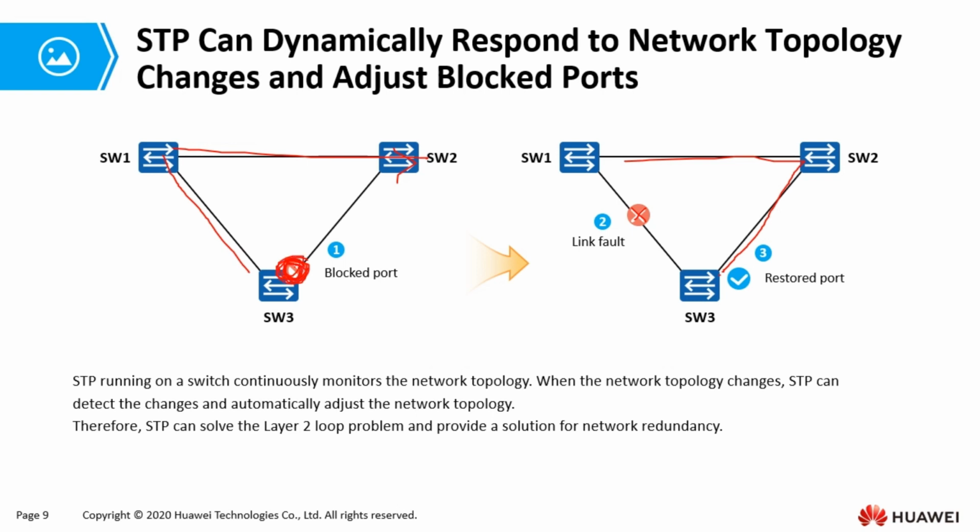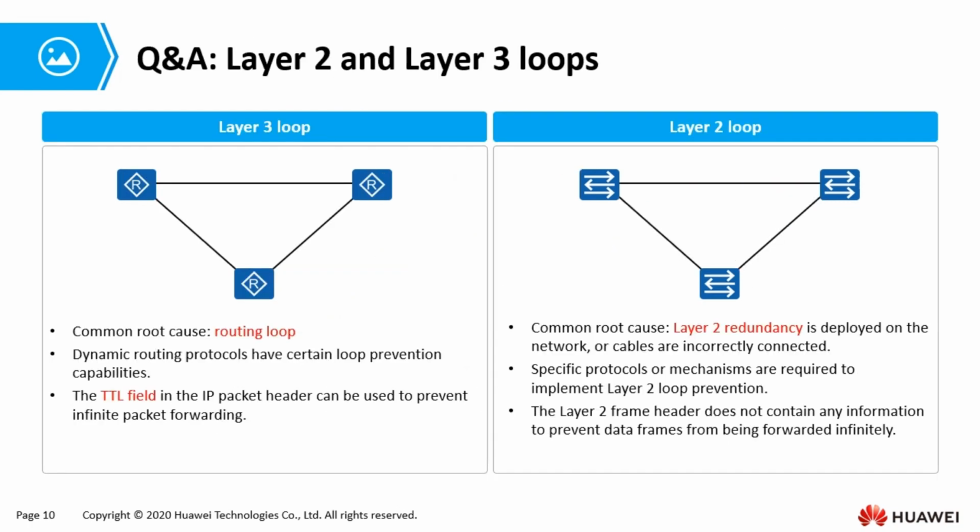But what happens if this link is down? The blocked port will take action and enter the forwarding state so that your data will forward this way. This is the advantage of STP: it not only prevents loops, but can also dynamically respond to network topology changes and adjust its blocked port.